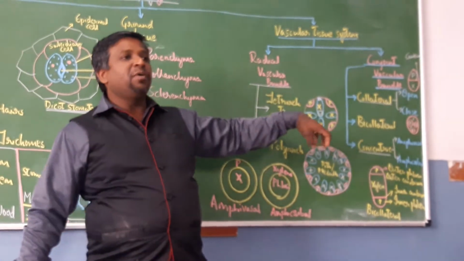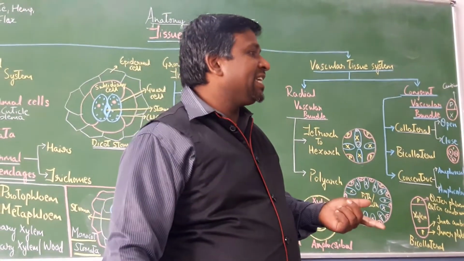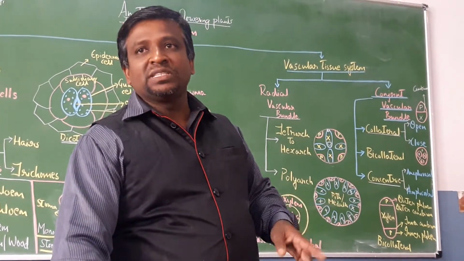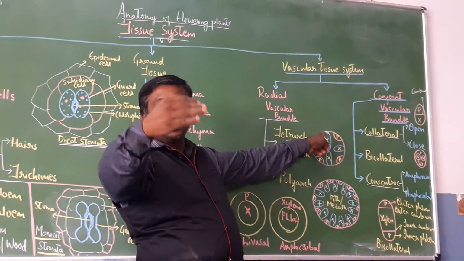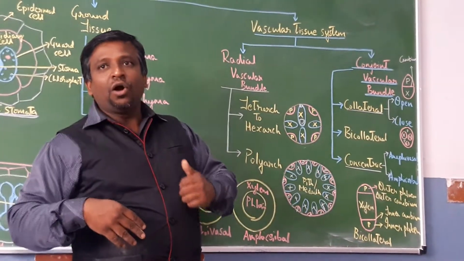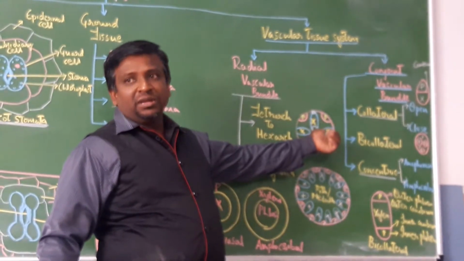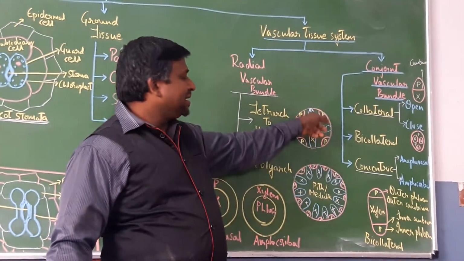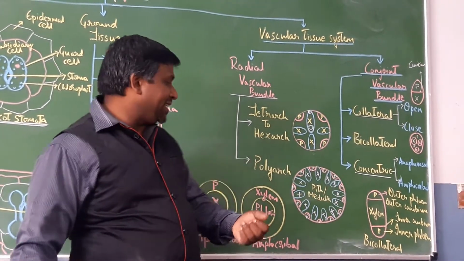So we call this type of xylem arrangement exarch. In roots, monocot and dicot, you notice this exarch condition, where protoxylem is towards the periphery, outside, and metaxylem is towards the center of the stele or pith. So the metaxylem, the larger elements, is found towards the center. We call this arrangement exarch.